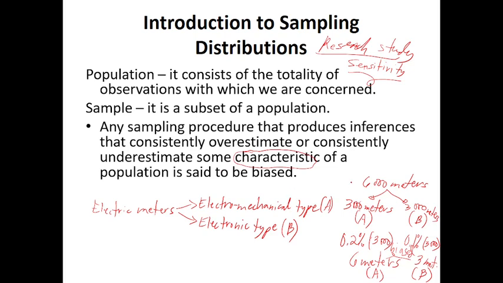Now, if, for example, it is the same percentage, 0.1%, this is now said to be unbiased. Alright, so we now proceed.